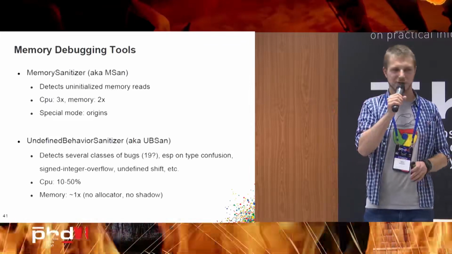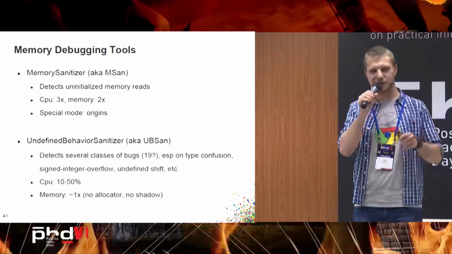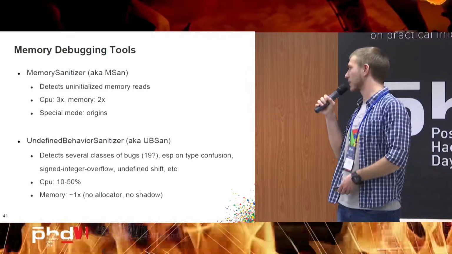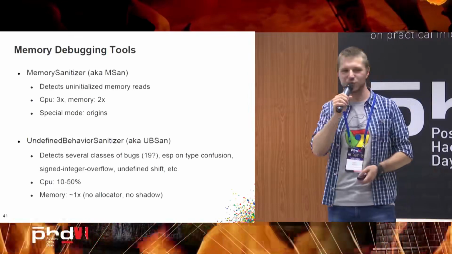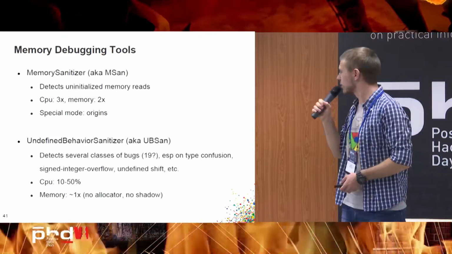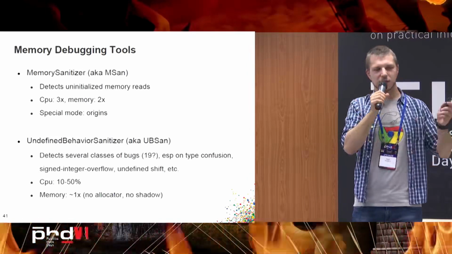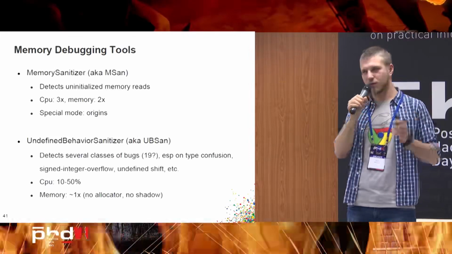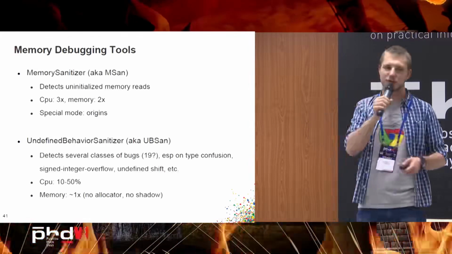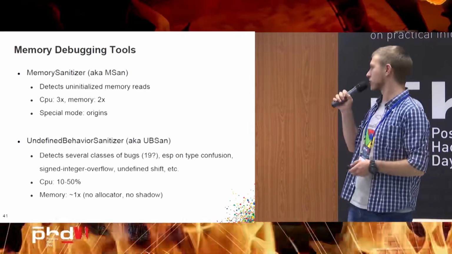Memory sanitizer only detects uninitialized memory reads, and sometimes it's very useful to run these reports because they can give you some sort of transparency into use after free. And UBSan detects like 20 classes of bugs, like integer overflow, shift, and so on.